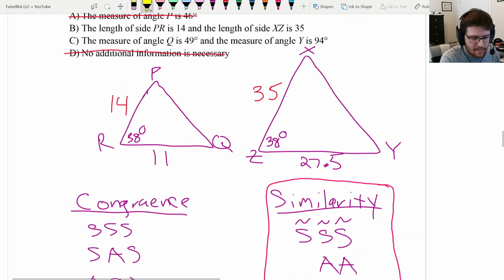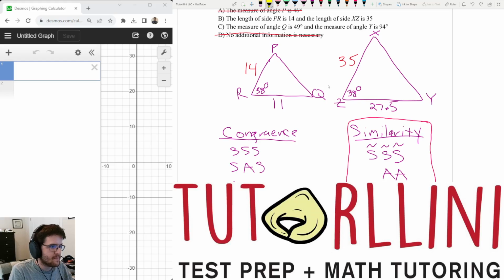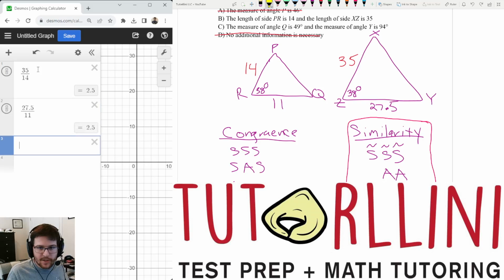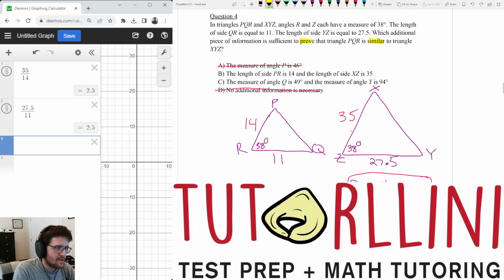So let's do that. 35 over 14 gives me 2.5. 27.5 over 11 also gives me 2.5. Okay, big over small. So it does seem like they're in the same ratio, and it looks exactly like SAS similarity. So this one is looking really good, and I'm actually going to go ahead and lock that in.